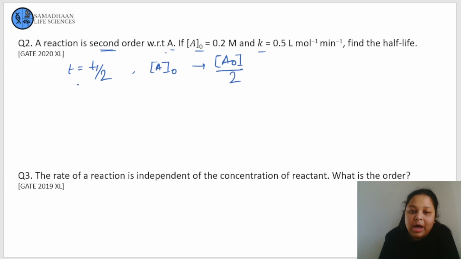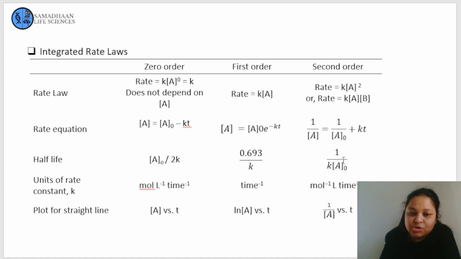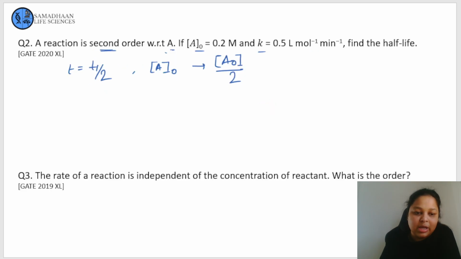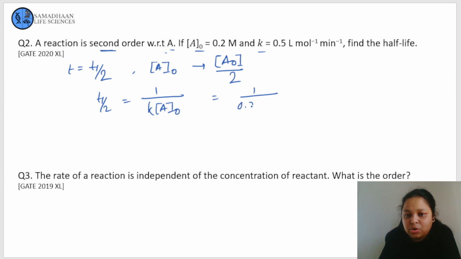So the time at which A0 becomes half of the initial concentration is our half life. We have formulas to calculate the half life. For the second order reaction, I will write the formula that t half is equal to 1 by k into initial concentration. So we'll put those 0.2 into 0.5, and this is 10 minutes.